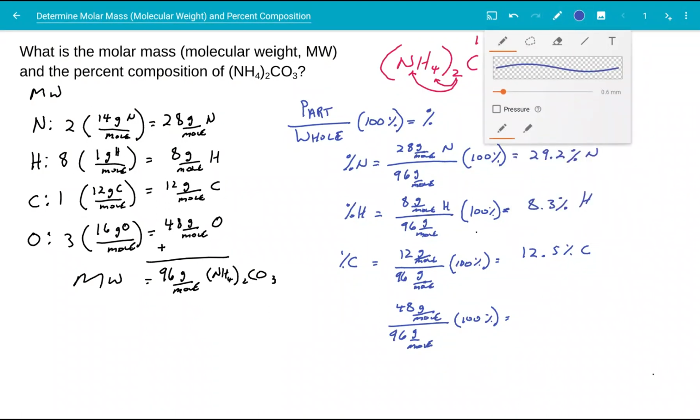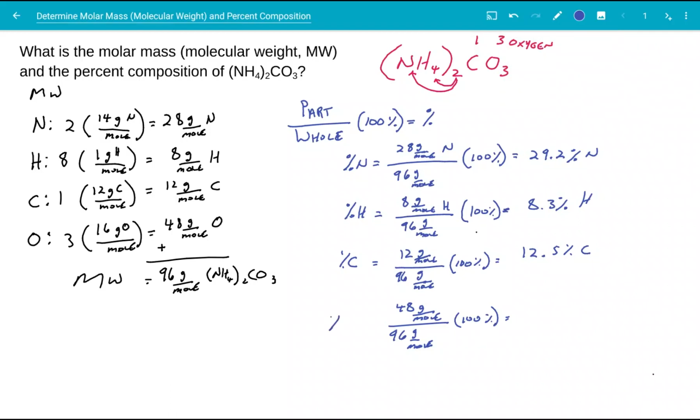This was oxygen, that lines up better. And so our oxygen is 50.0% oxygen. Okay, this should all add up to 100, and it does. It adds up to 100%.